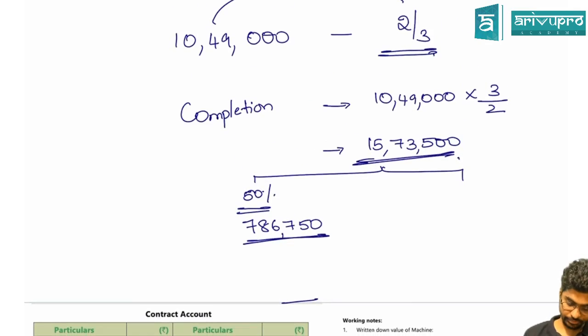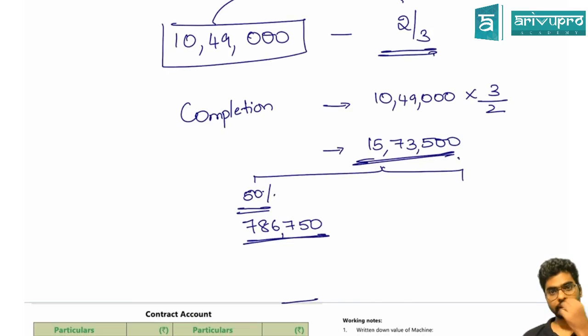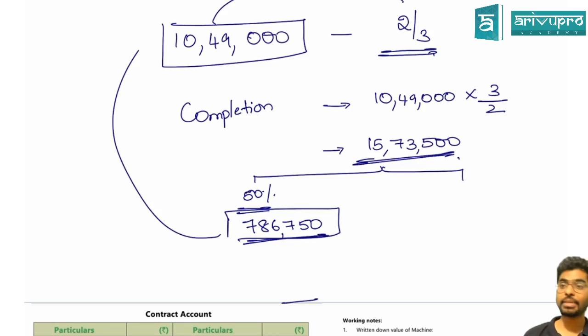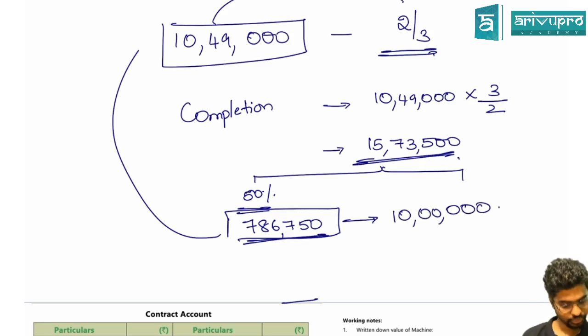Done? See, I have spent 10 lakh 49,000, right? But 50% of it is only costing me 786,750. That means the remaining extra portion that I have spent, because this 786,750 was certified for 10 lakh rupees. Are you clear? The certification was done only for that 50%, which is 10 lakh.